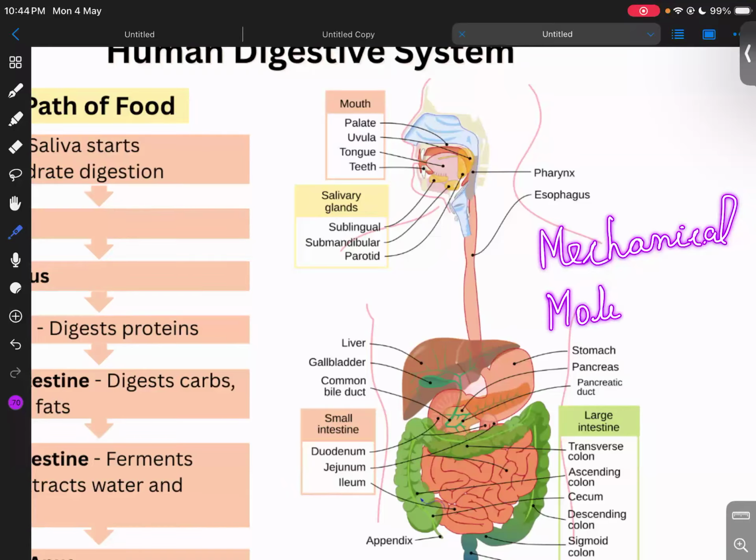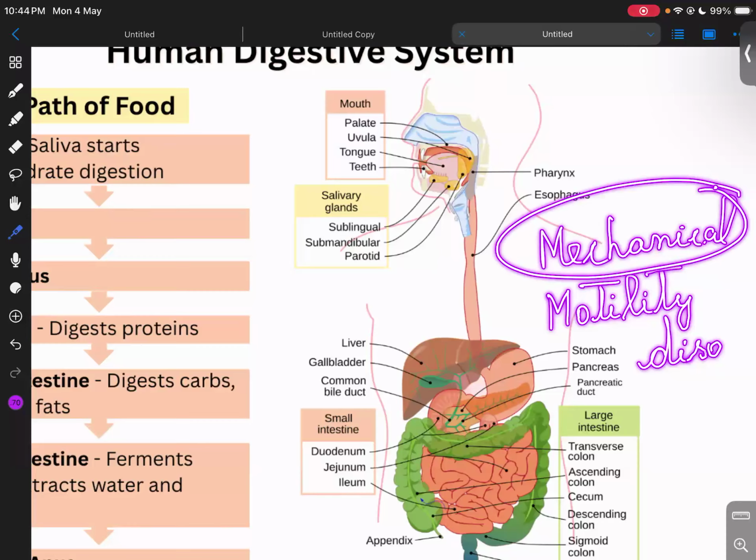That is basically absence of peristalsis or decreased peristalsis. So if anyone is having mechanical obstruction, then it will cause esophageal dysphagia. And if the esophagus is not having enough peristalsis, that will also cause motility dysphagia.